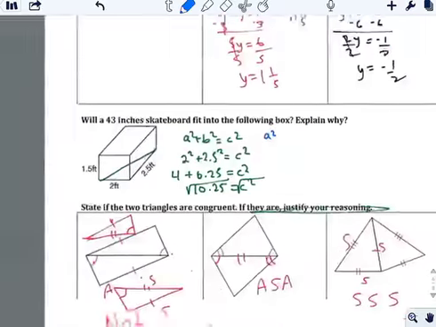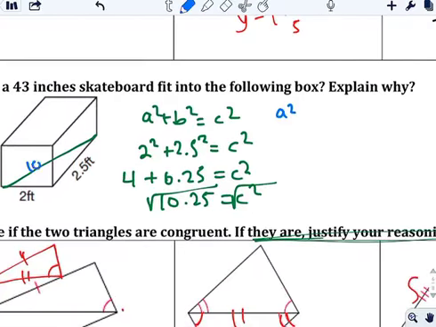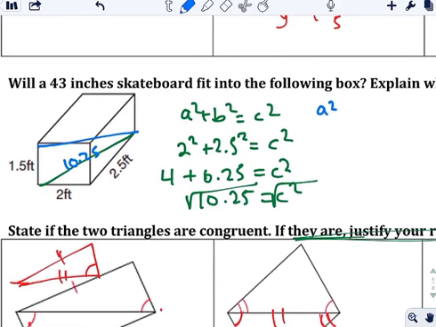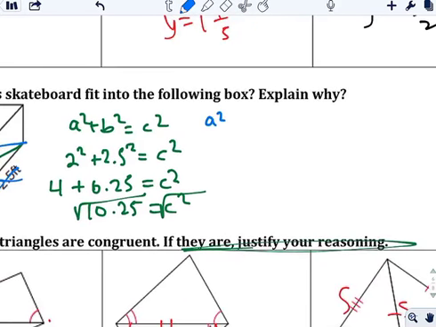A squared. This is 10.25. You need to find this length. So you're going to use this number and this number now. a squared plus b squared equals c squared.